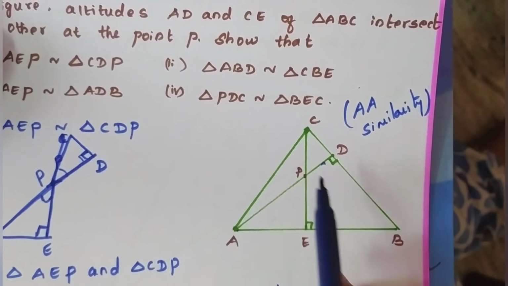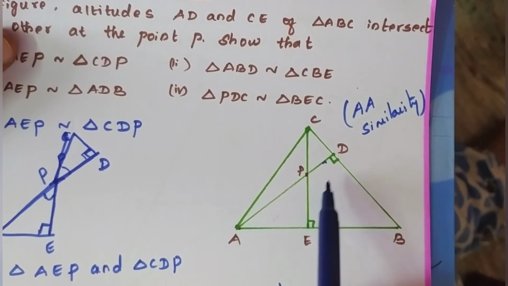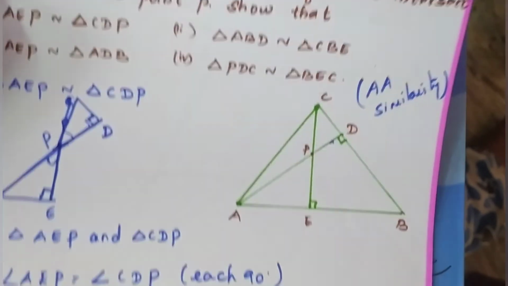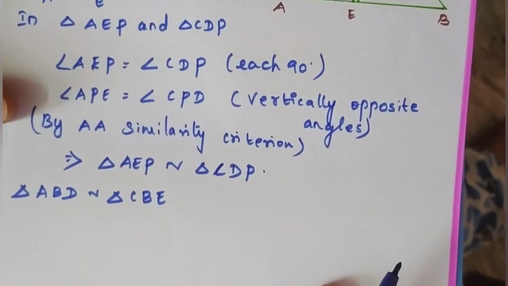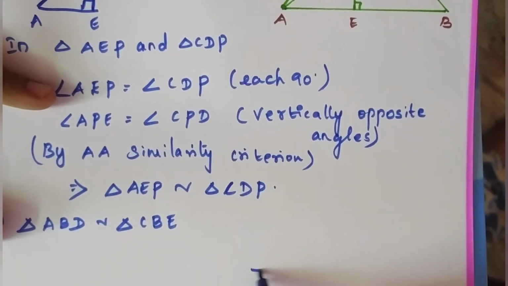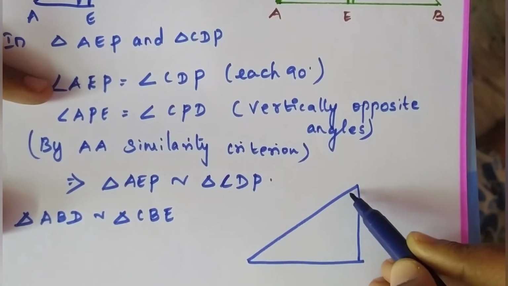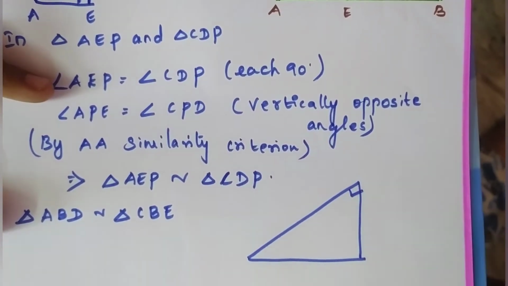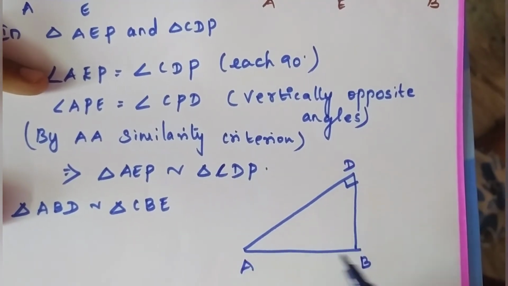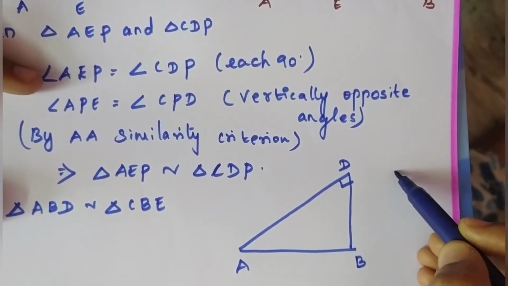ABD, this triangle, and CBE, this triangle. So draw those triangles separately, AB D and then CBE.